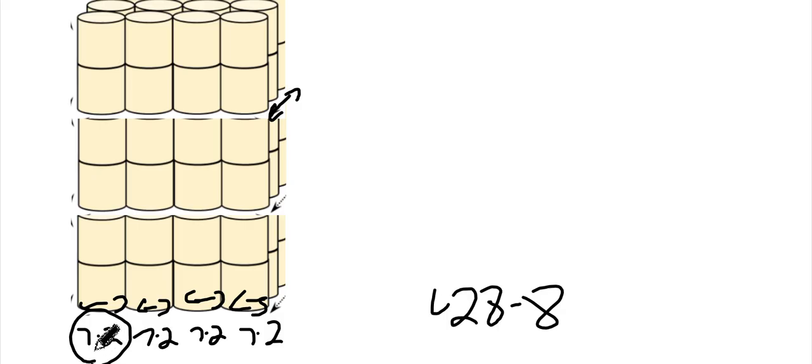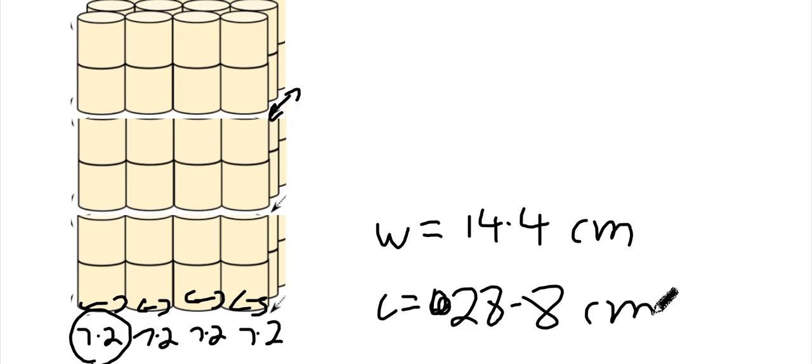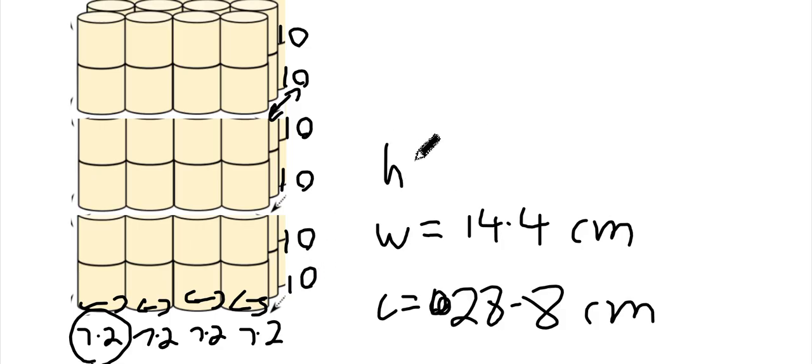One diameter is 7.2. So what do we reckon? Two diameters, guys. 14.4. Yeah, we'll take that. And then finally the height. How many tens do I have? So the answer is 60. You can do any arrangement.